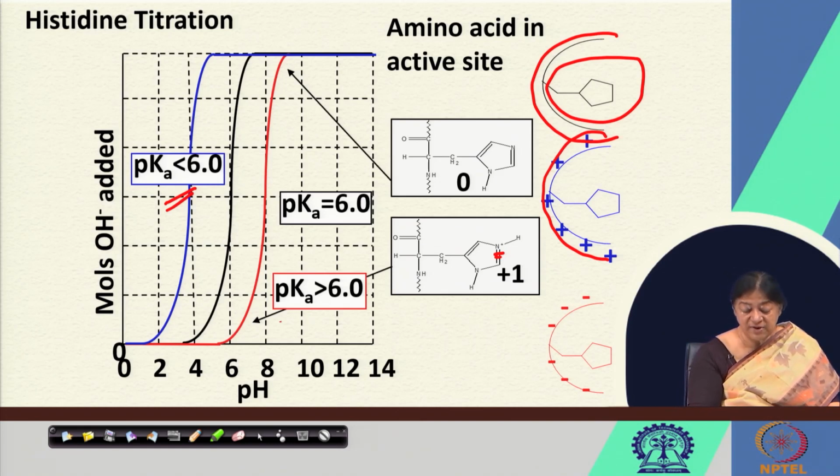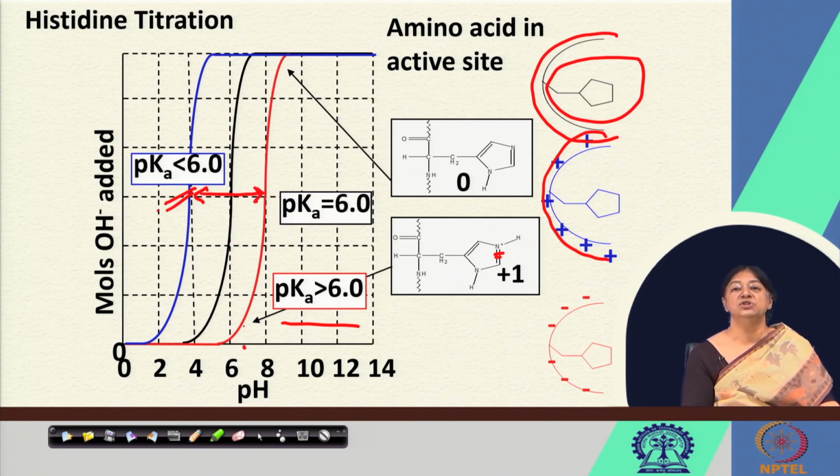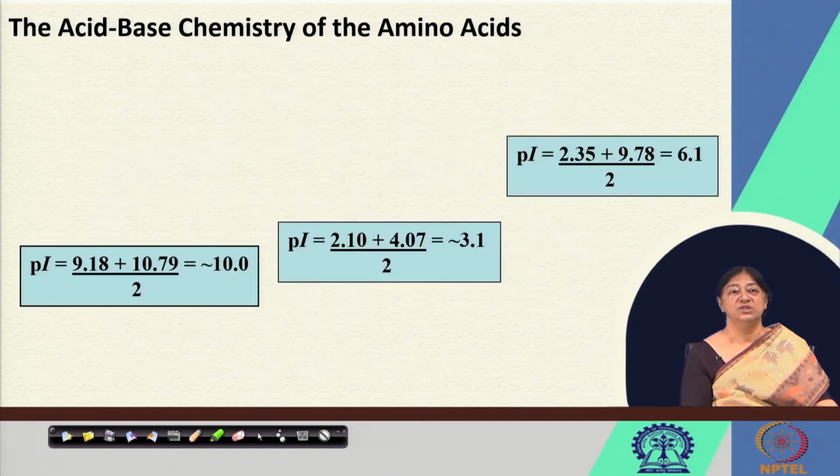So, we can have a value greater than 6 or less than 6, and the interesting part is that the range covers our physiological pH of 7.4, as we will see later during the course. It is interesting to note that the variation in the histidine pKa can go from 5 to even close to 8. That is an important feature which we will understand later as we go along.